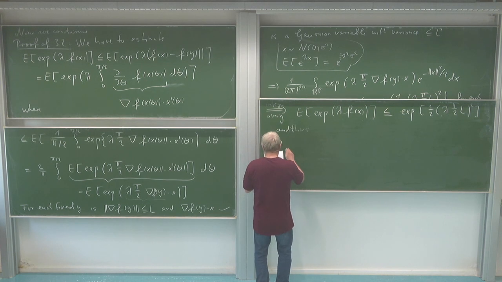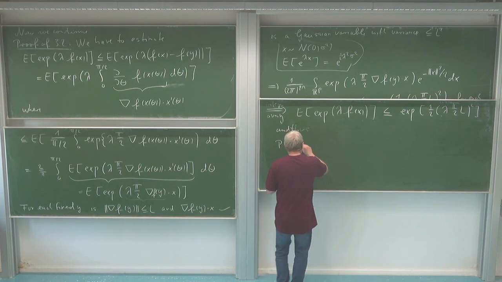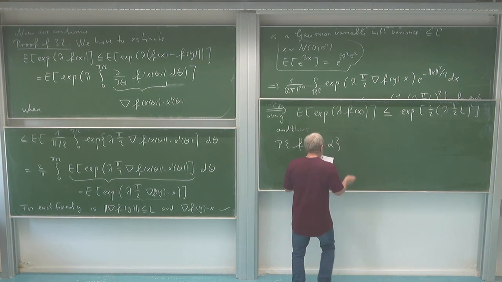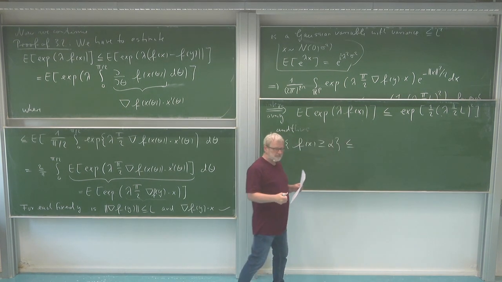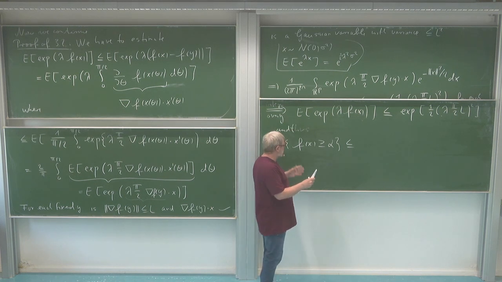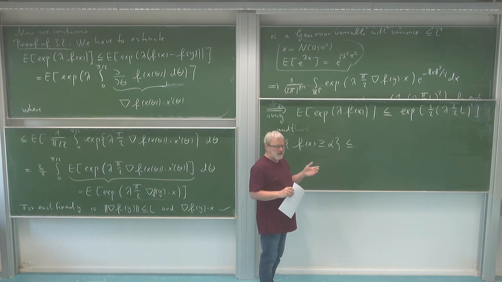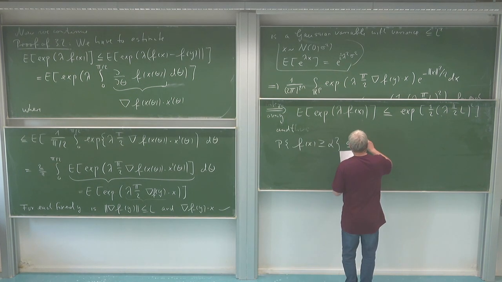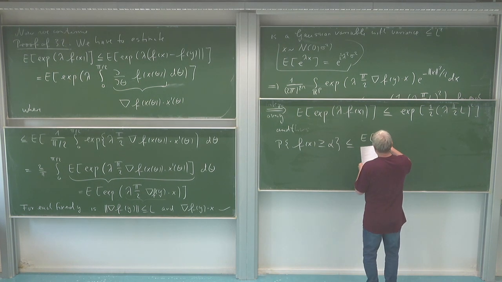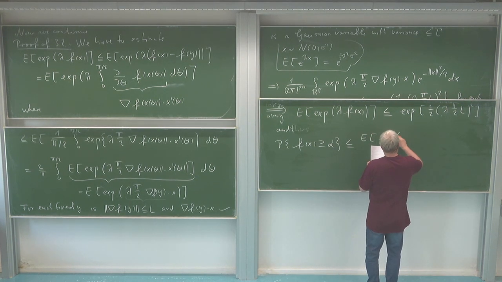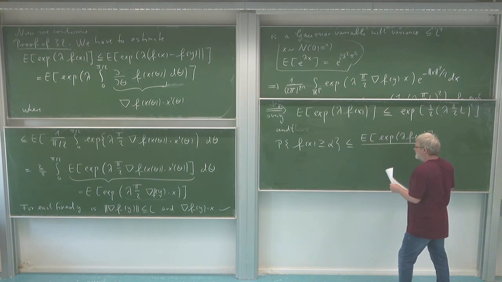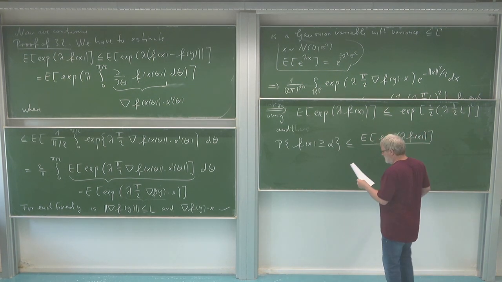Namely, what we really want is the probability that f of x is bigger than alpha. Let me recall, by Markov, this is the same as saying that e to the lambda f of x is bigger than e to the lambda alpha, and we apply Markov to this, which means we have to take the expectation of e to the lambda f of x divided by e to the lambda alpha.